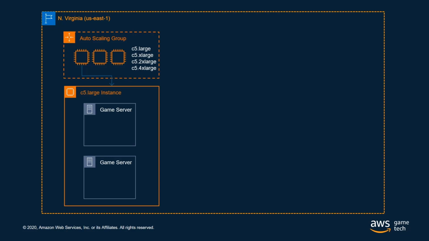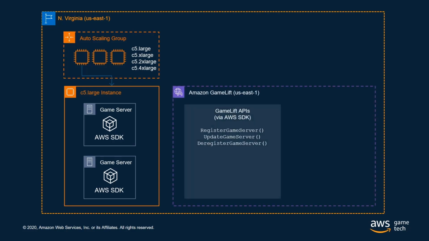But the new thing is, well, how does your game server interact with GameLift? Well, you integrate the AWS SDK, and when these game servers start up, they're going to call register game server in the GameLift API. That makes your game saying, hey, I'm here, I'm awake, I'm healthy, and I'm available to take a new game session. Now, at some point, your matchmaker is going to want to start a new game session on a game server.